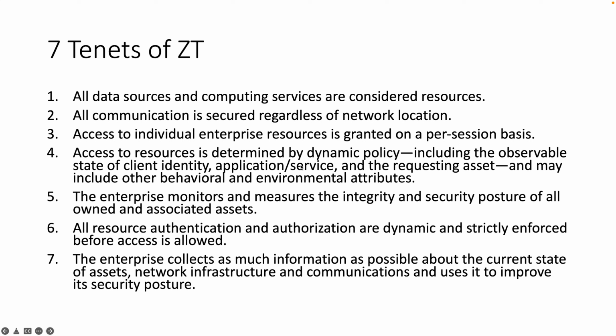And number 4 is saying the zero trust concept is consistently evolving. So the security policy of a company using zero trust architecture needs to update. Numbers 5 and 7 are saying the enterprise needs to know its resources as clearly as possible. And number 6 is saying dynamically verify all the access requests, which still means never trust, always verify. So basically these 7 rules are an extended version of the 3 core principles we mentioned in the last video.